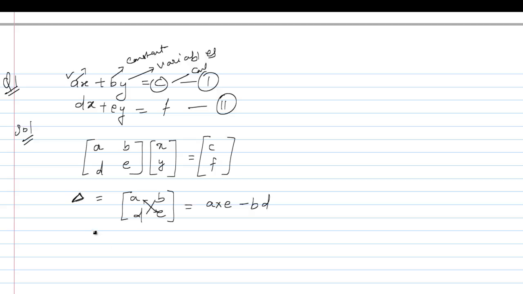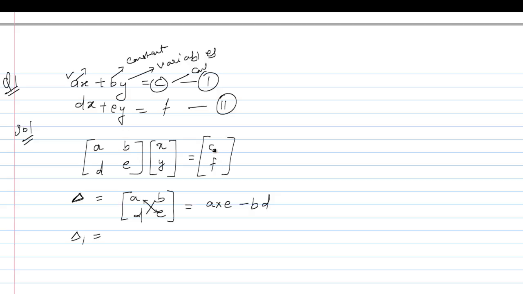This is my delta. For finding the determinant of x, replace the coefficient of x in the original matrix by the constants, so we get the determinant delta 1. How can we do that? Just follow my instruction. I want to give it the name delta 1.